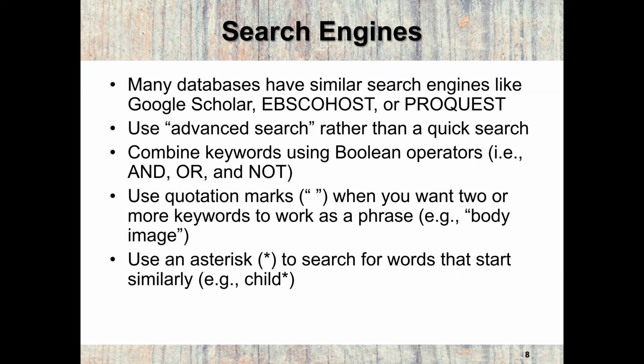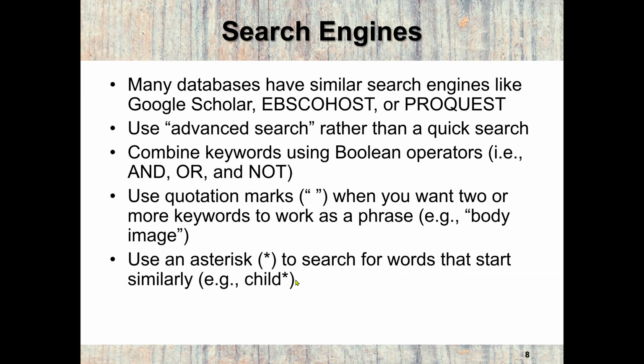So Charles will come, Clinton will come. We get a hit because it's C. Like here, for example, we have child and asterisk. So any word that starts with child, the rest, like children or childless, etc., will give you results. So asterisk means any character and any amount of characters.